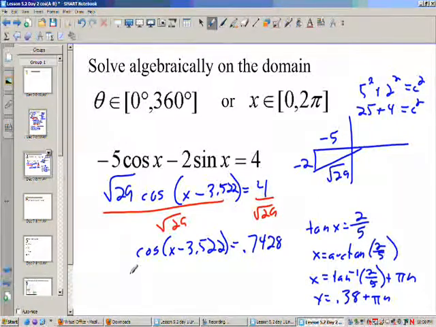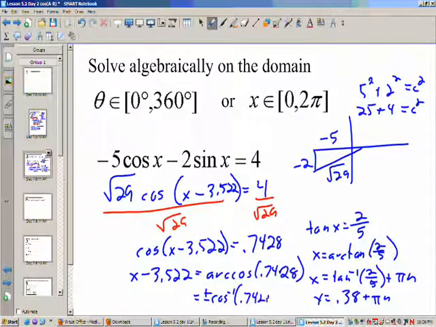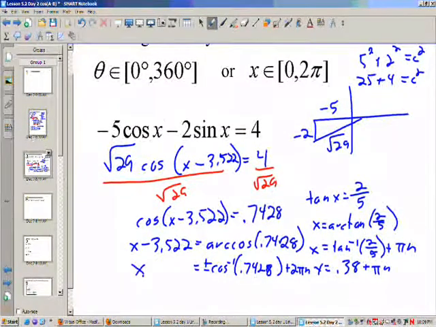And now I take the arc cosine of both sides, so x minus 3.522 equals the arc cosine of 0.7428, which is plus or minus the inverse cosine, 0.7428 plus 2 pi n. The inverse cosine of that answer is 0.7336, so plus or minus 0.7336.